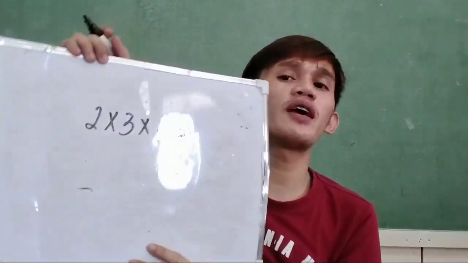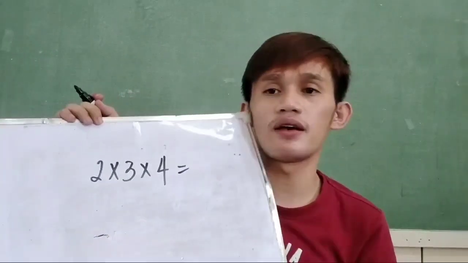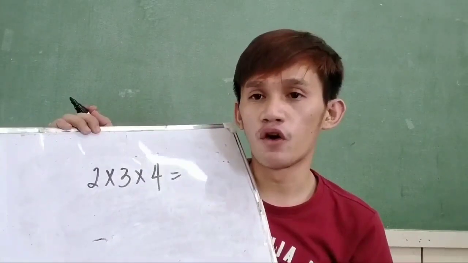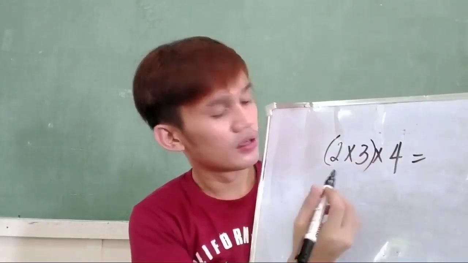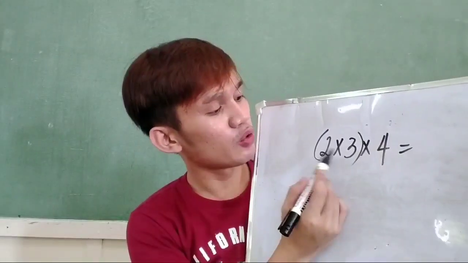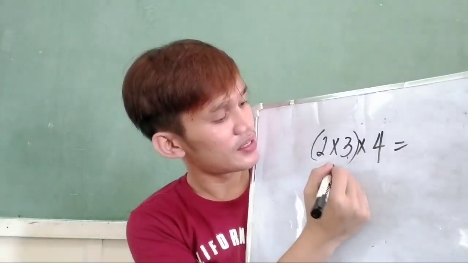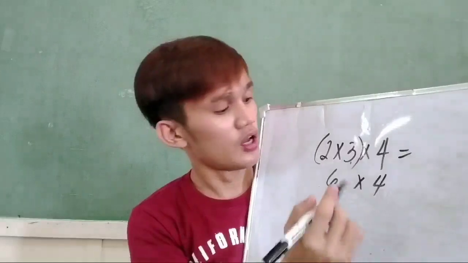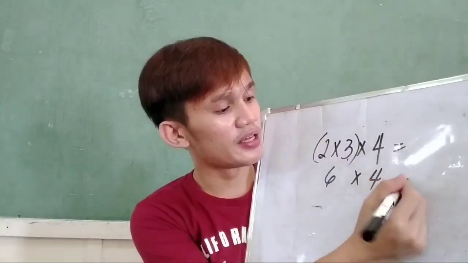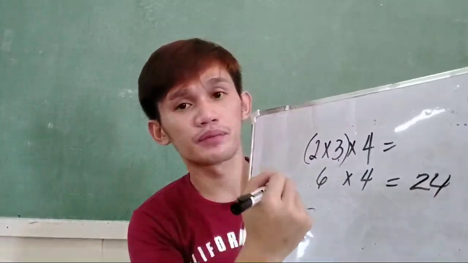Suppose that we have 2 times 3 times 4. Let us try to group this. If we multiply 2 times 3, this is 6. Then bring down times 4. So 6 times 4 is 24.